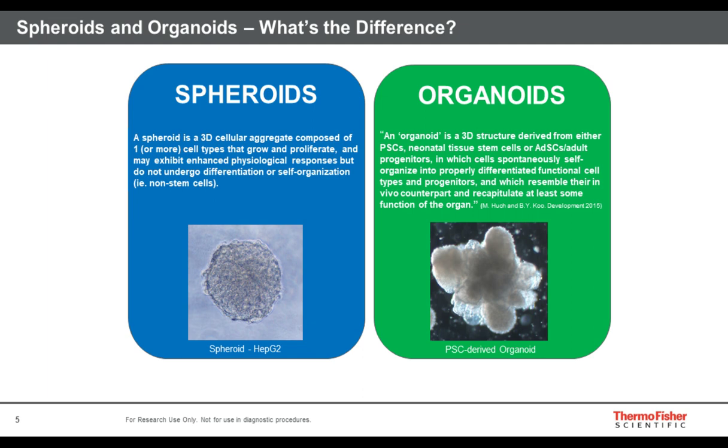However, when I talk organoids, what I'm really talking about is a stem cell derived model. These can be models that are derived from either pluripotent stem cells, such as embryonic stem cells or induced pluripotent stem cells, or they can be cells isolated from adult or embryonic tissue, in which a tissue-specific or tissue-resident population of progenitor stem cells are able to self-organize into little microtissues that resemble the organ from which the cells were originally isolated.